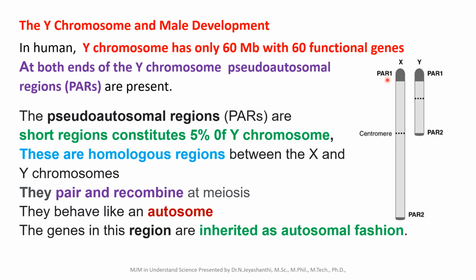Inheritance means transferring this from one generation to another generation. It is present in the sex chromosome, but characteristics are like autosomes. So, they are known as pseudo-autosomal regions or PAR regions.